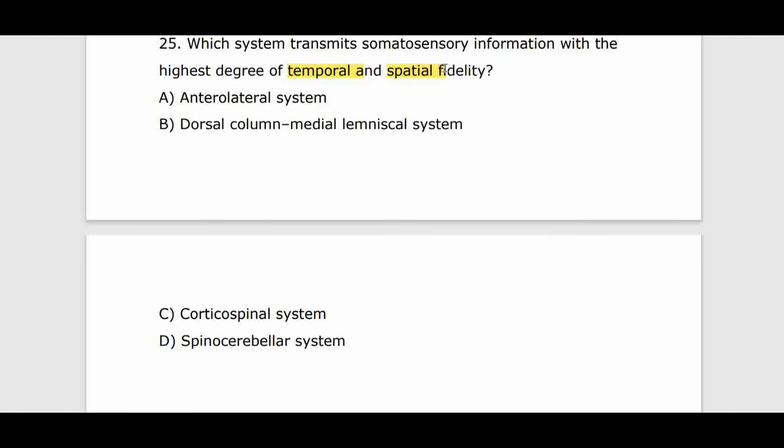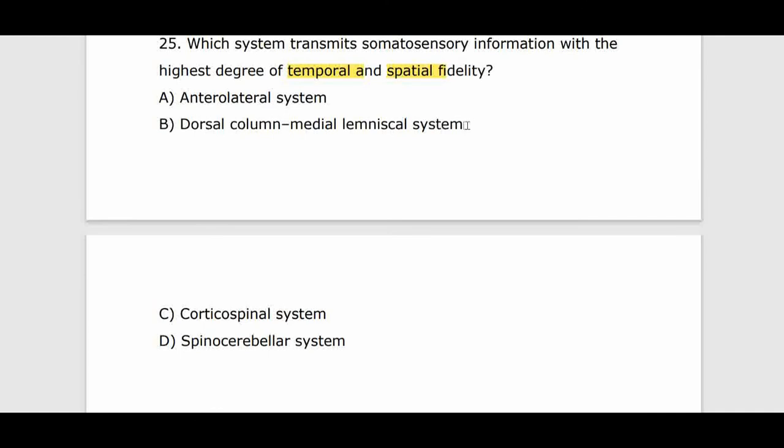It's basically saying that sensory information is conveyed mainly by the dorsal column and the anterolateral system, that is the dorsal column medial lemniscal pathway and the spinothalamic tract. But the organization and speed is better with the dorsal column generally.